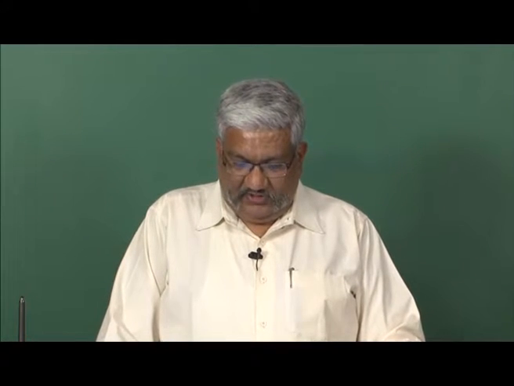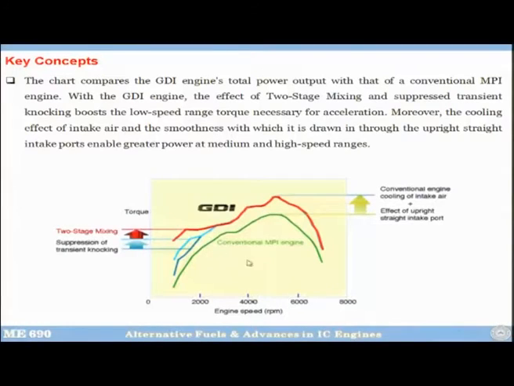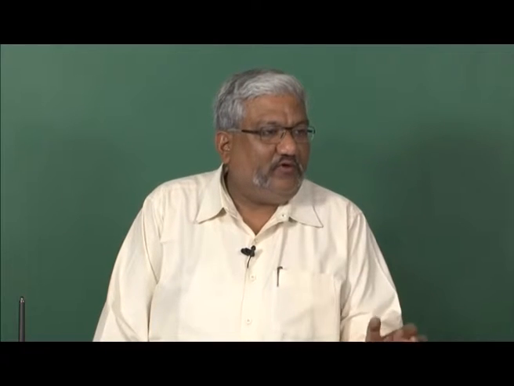right? So the GDI engine is definitely going to be much more powerful than the conventional MPFI engine, not only in the initial stages but also at high speed. You see, since you are able to cool the intake air, the volumetric efficiency goes up, and also you are using a straight upright port, which also increases the volumetric efficiency. So in the entire range you get more torque, and these two engines are the same 1 liter swept volume.